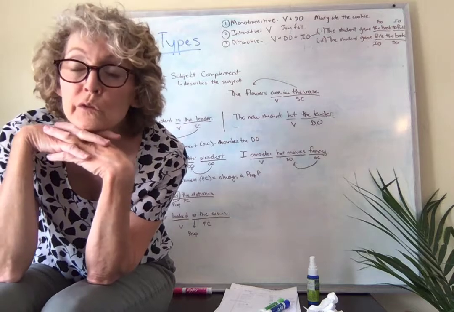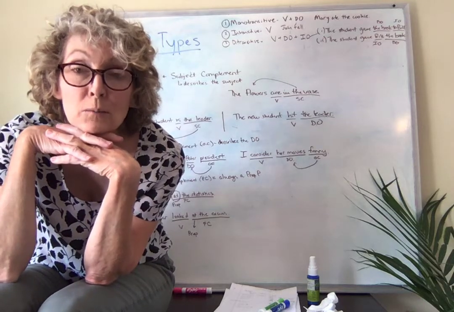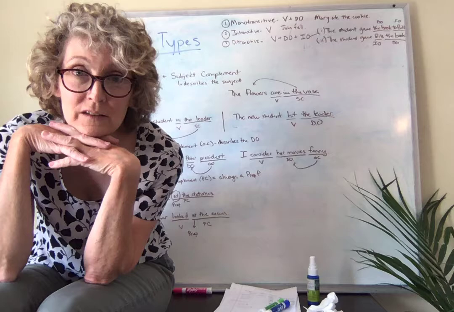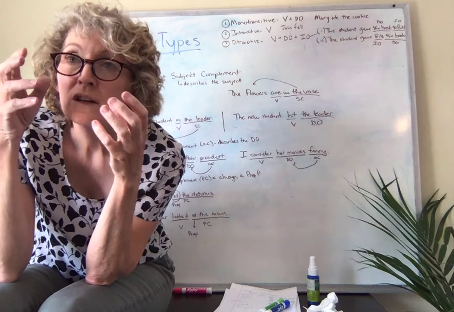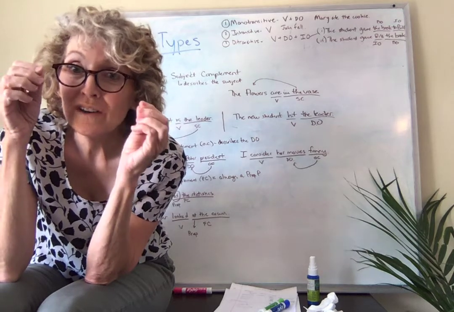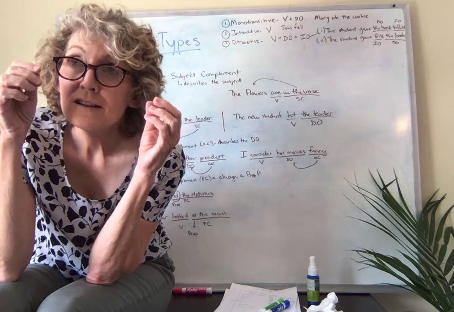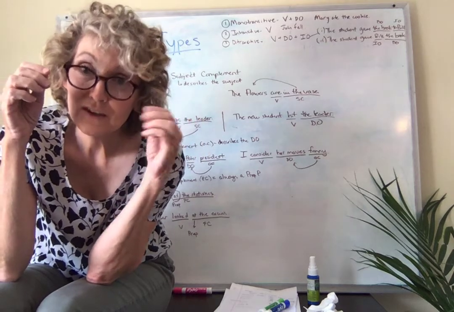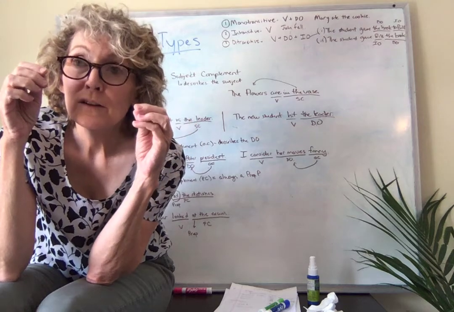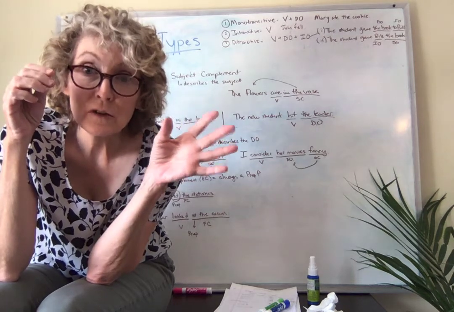Okay, and we also saw that there are the possibility of ditransitives. So in other words, not one object, monotransitive, not transitive, intransitive, but 2 objects, ditransitive.